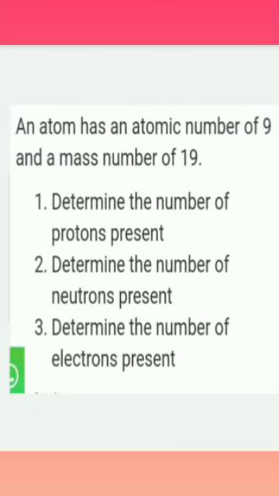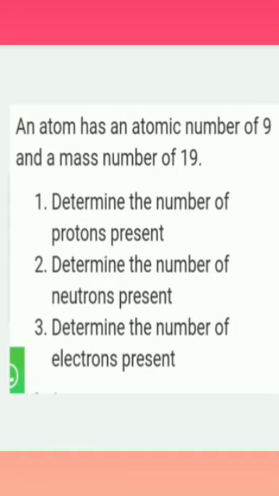Another example: an atom has atomic number 9 and mass number 19. Determine the number of protons. The number of protons is equal to the atomic number. So what is the number of protons here? Yes, correct, 9. Determine the number of neutrons.